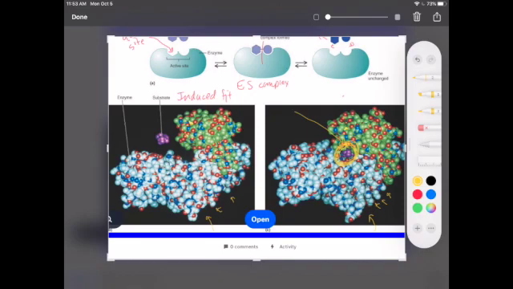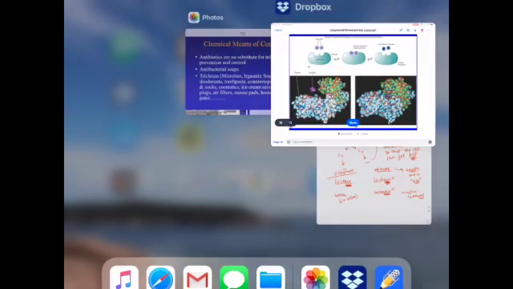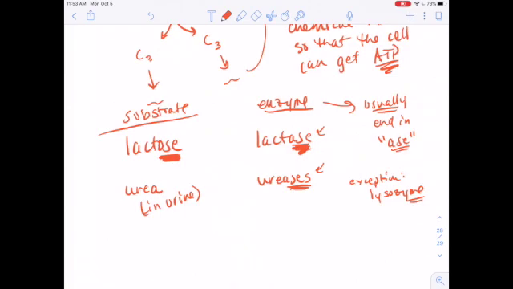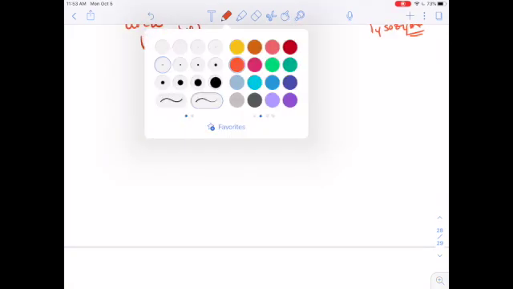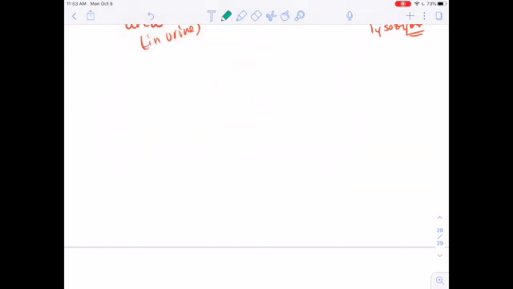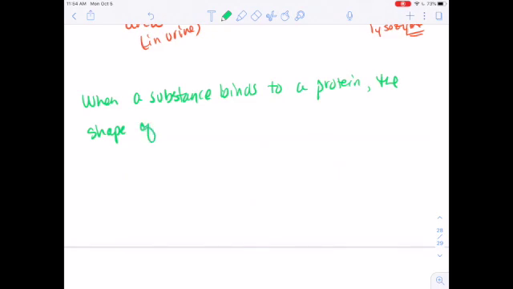So let's write that down. Oh, it's the screenshot thing. I keep forgetting that I'm in screenshot mode there. All right, let's get a different color here. I like that green. When a substance binds to a protein, the shape of the protein can change.